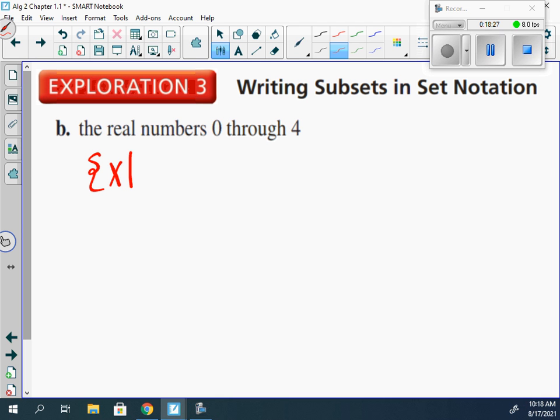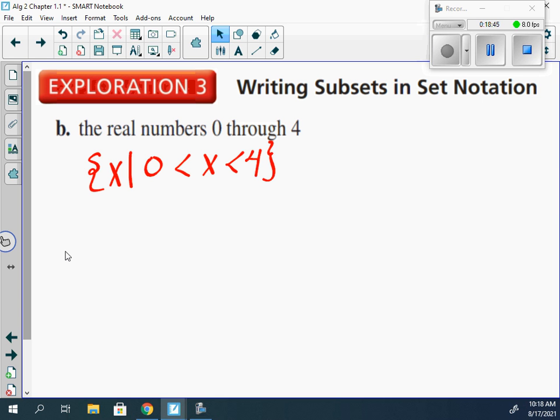And because it is all real numbers, we can just do brace x such that x is less than, because it's 0 through 4.